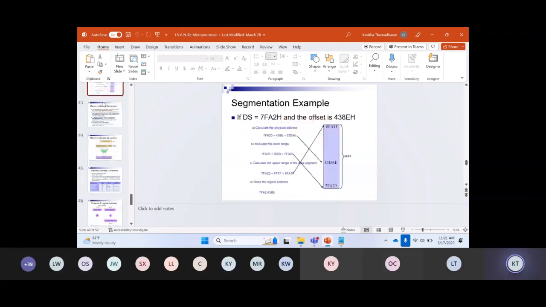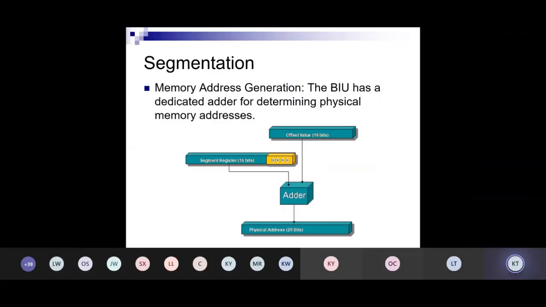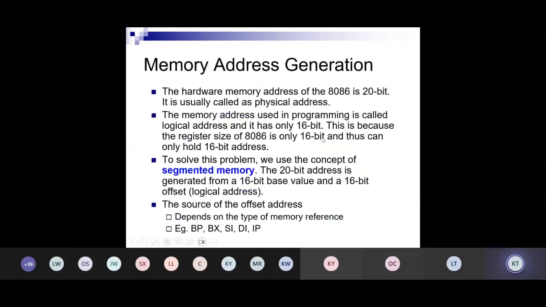The hardware memory address of the 8086 is 20-bit. This is what we call the physical address. The memory address used in programming is called the logical address, and it has only 16 bits, because the register size of the 8086 is only 16-bit, so it can only hold a 16-bit address.